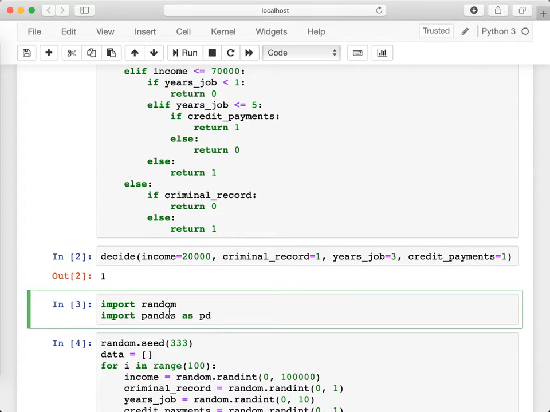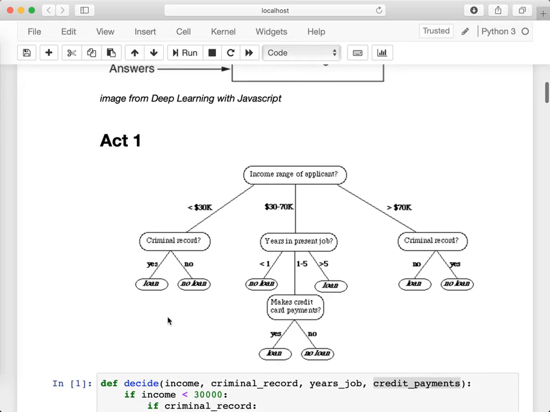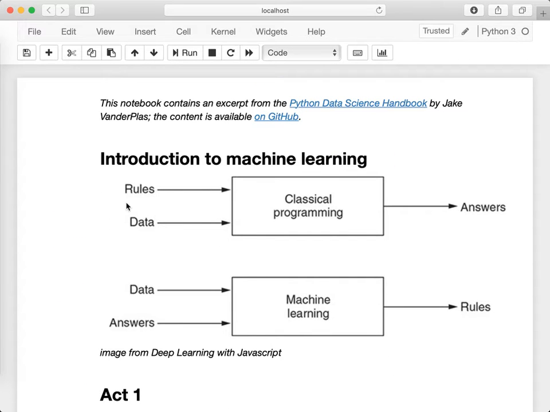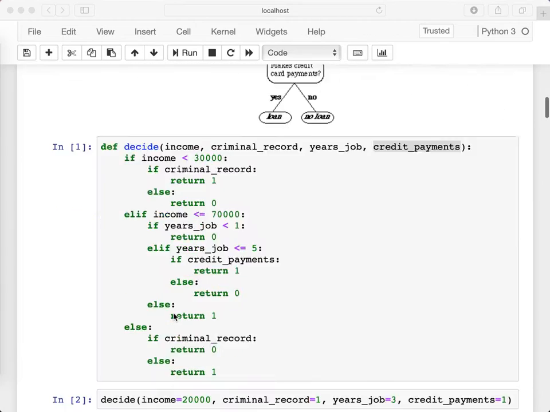The next step is to basically forget that we have such a decision tree. I'm going to forget that we have rules. Instead, I'm going to simulate creating a lot of answers for many data points and try to uncover the rules again using machine learning.